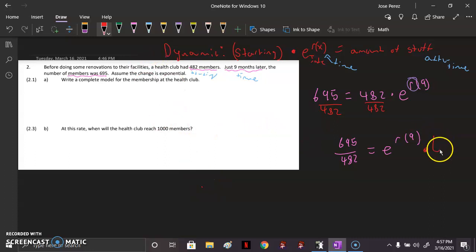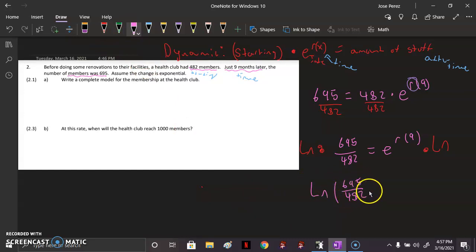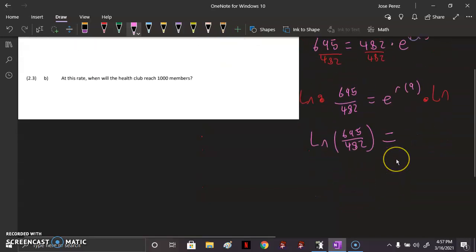But we multiply the other side by ln to cancel out the e. So on this side, we will get ln of 695 over 482 equals, well, we just said that ln's cancel the e's.